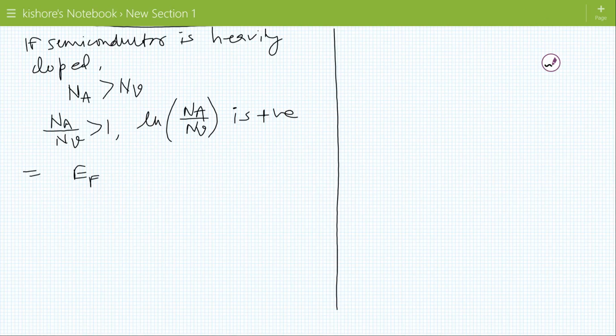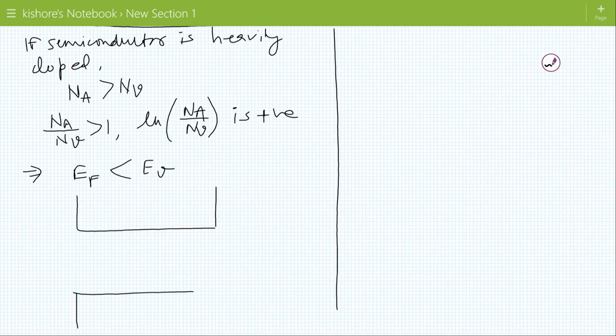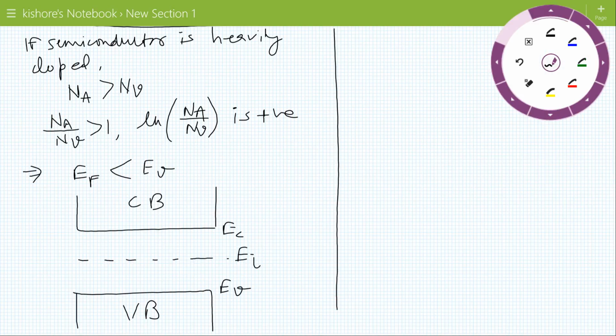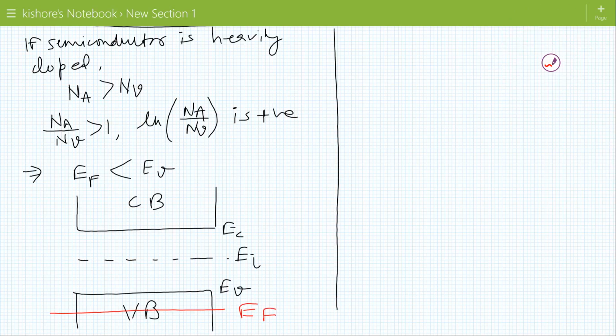So if the semiconductor is heavily doped, then the Fermi energy level lies within the valence band. This is the position of the Fermi energy level in the case of a p-type semiconductor.